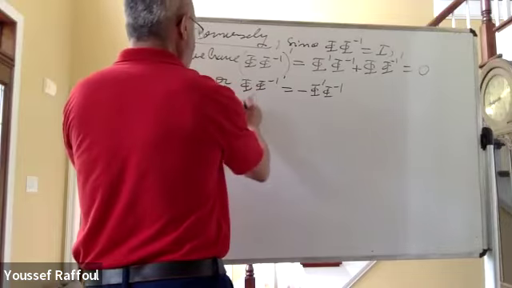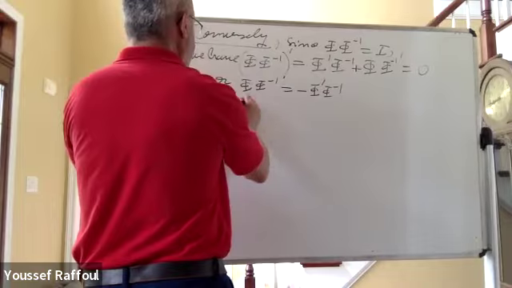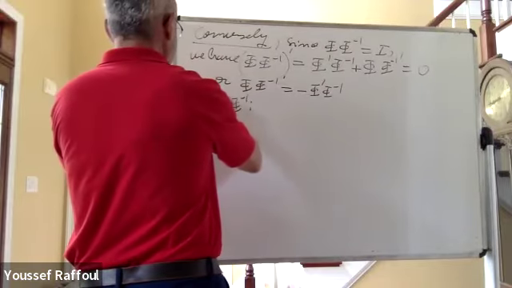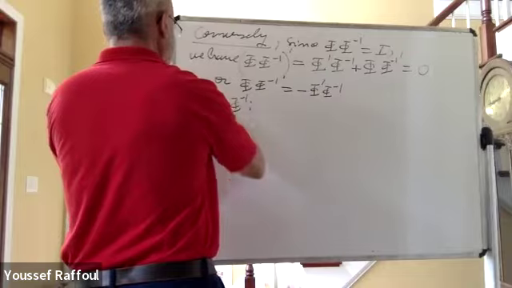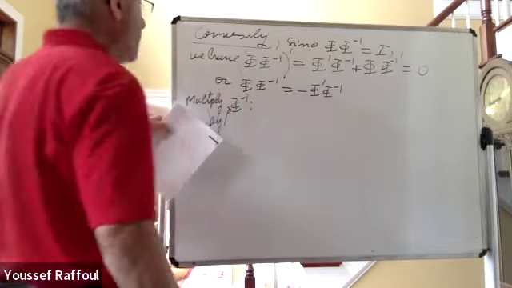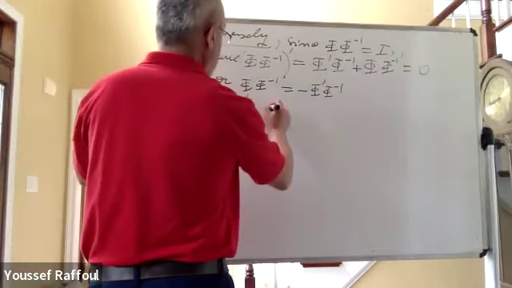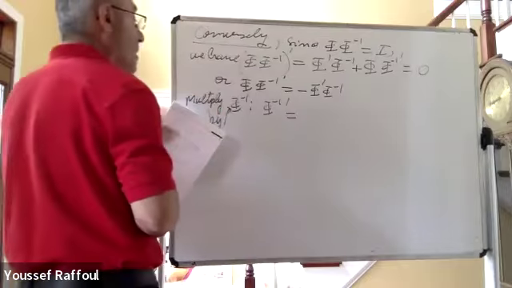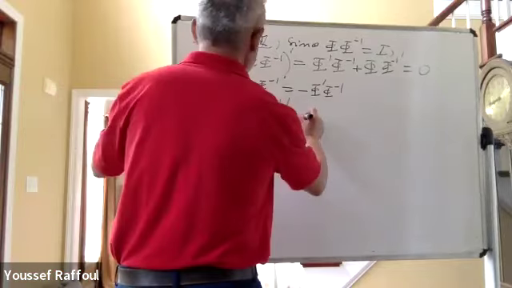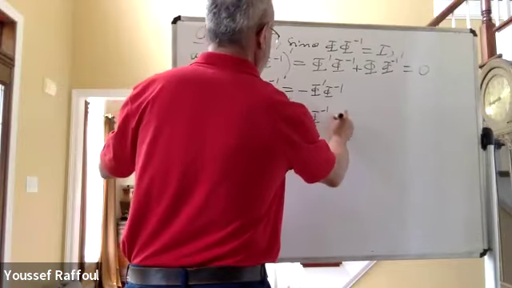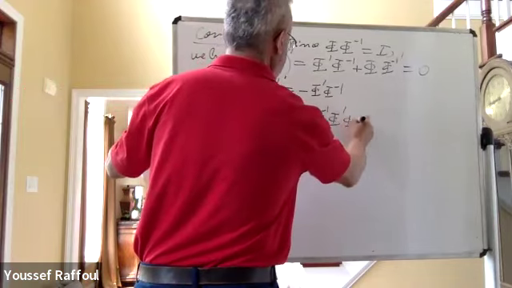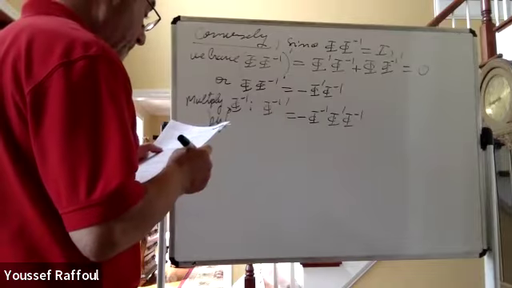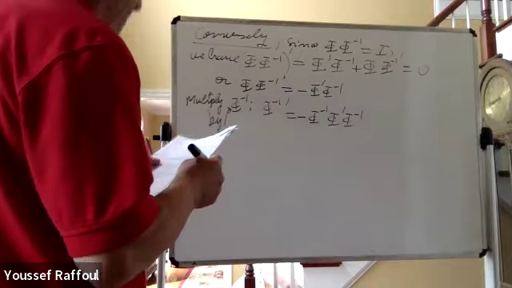And if I multiply by phi inverse, what do you get? You get phi inverse' equal to negative phi inverse phi' phi inverse. Okay? That's what we have.